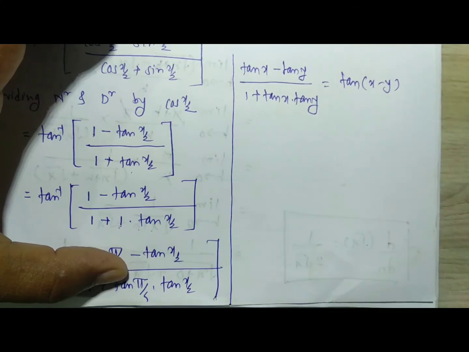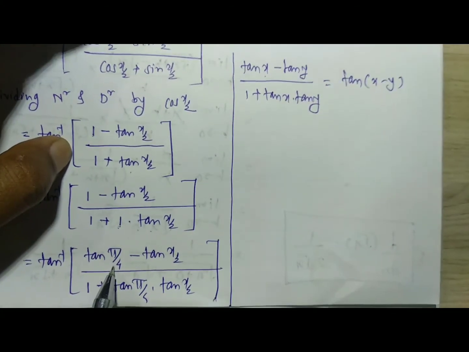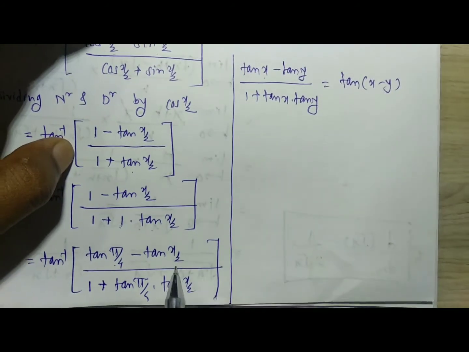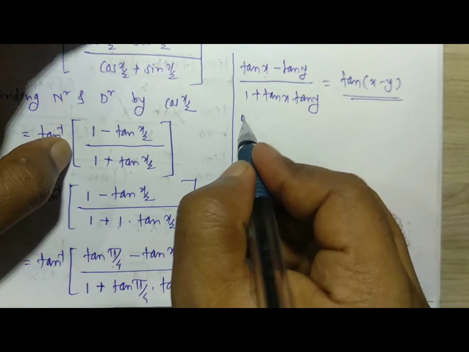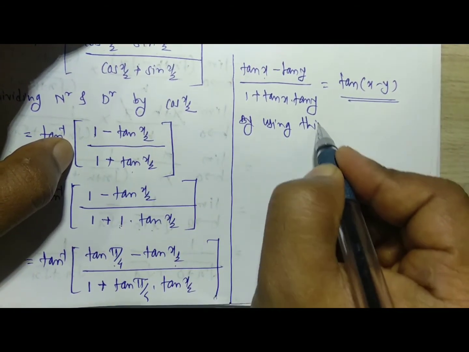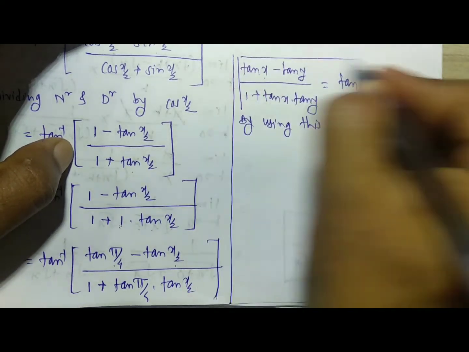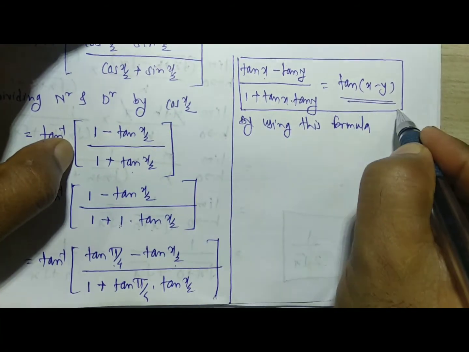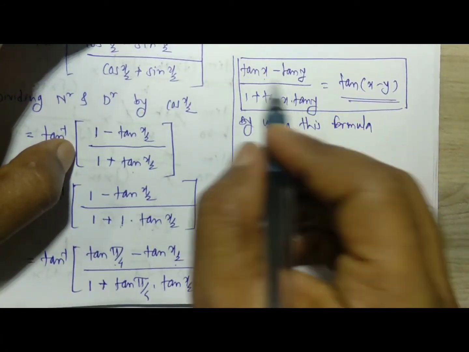That means here x is pi by 4 and y is x divided by 2, and therefore by using this formula, we have to put it inside the rectangle. This formula is most important.